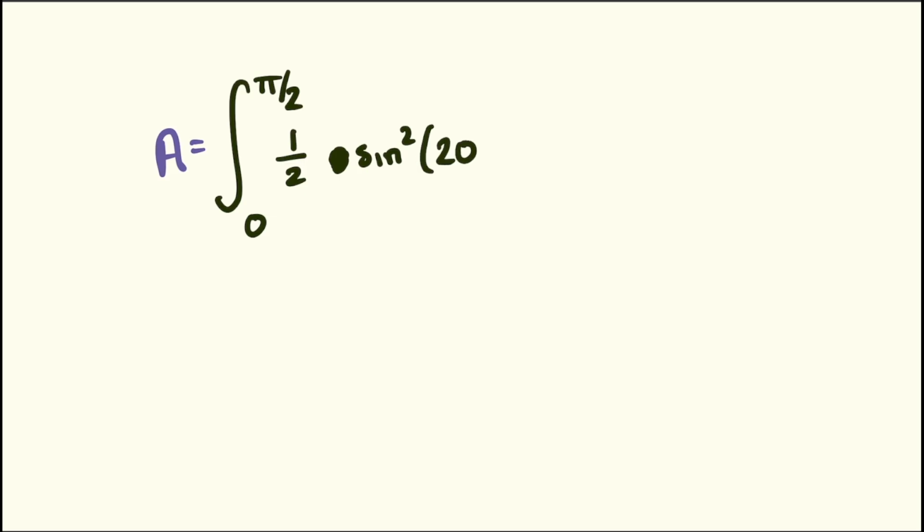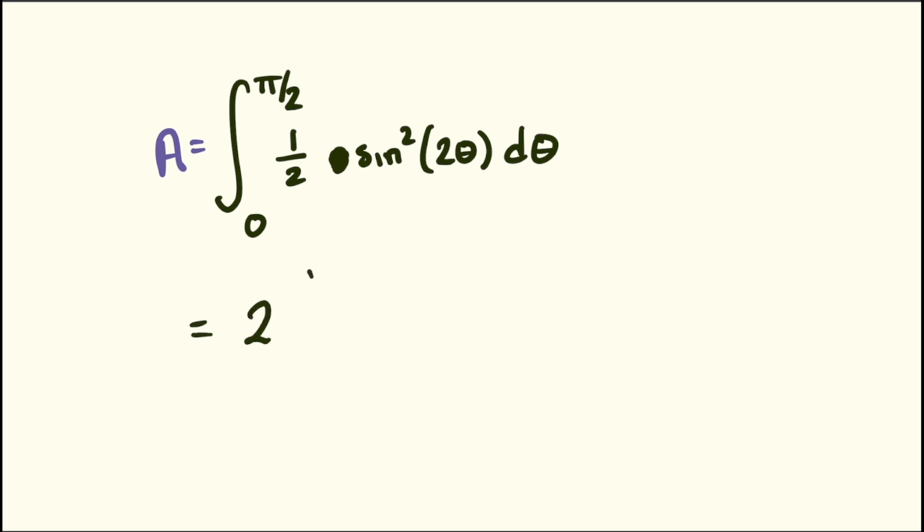We're going to start with area is equal to the integral from 0 to pi over 2 of 1/2 sine squared of 2 theta d theta. And we are going to use our little trick there.